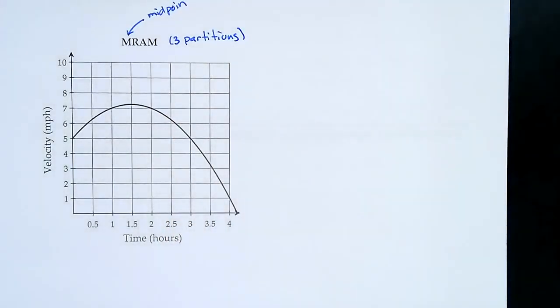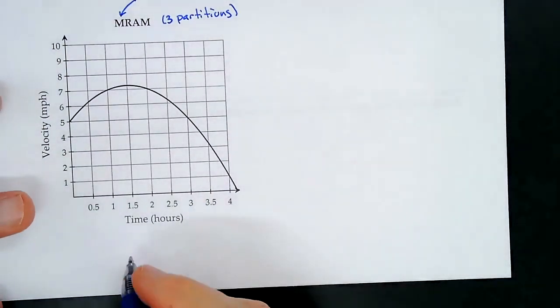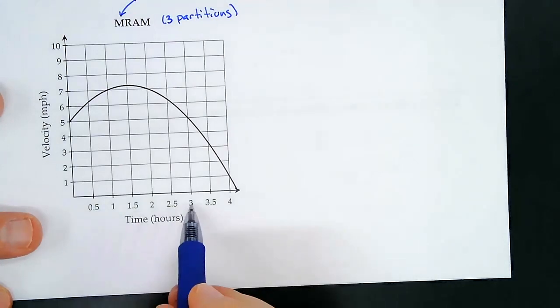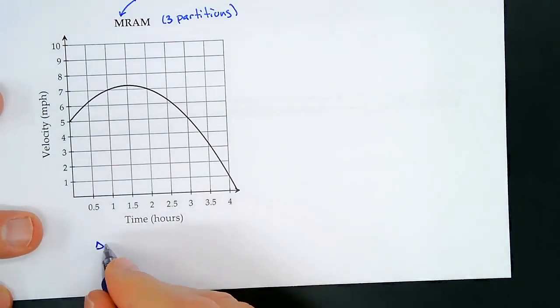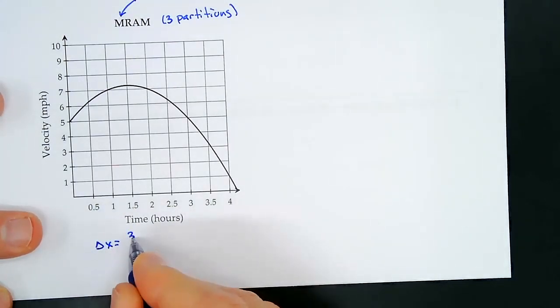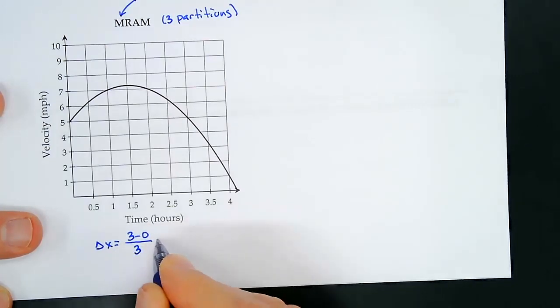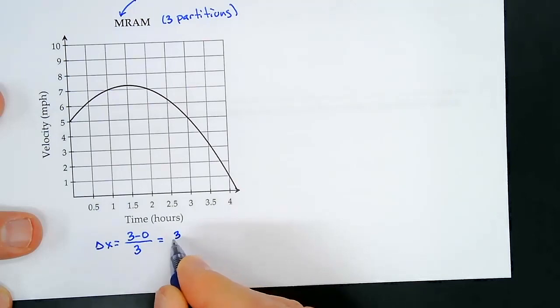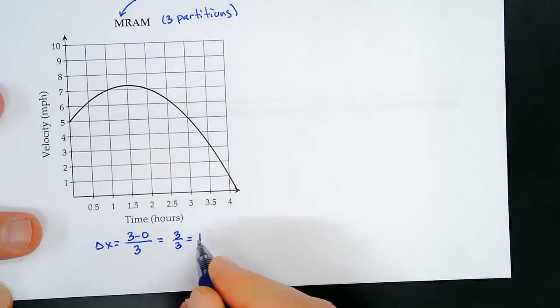I'm just doing 3 so we can get through this fairly fast. So my delta X is going to be 3 minus 0 divided by how many partitions, which in this case is 3. So that'd be 3 over 3, which is 1.